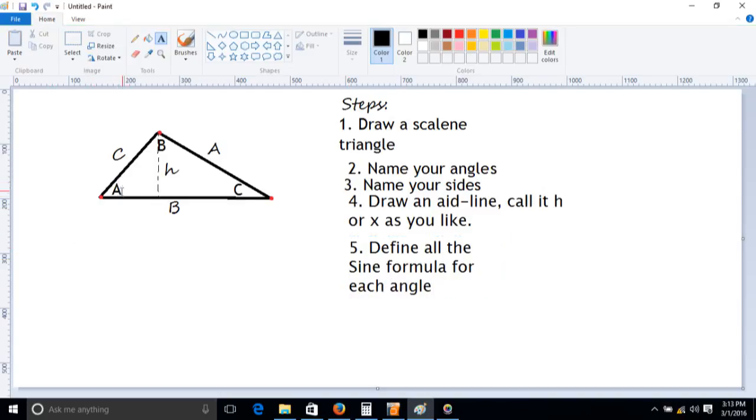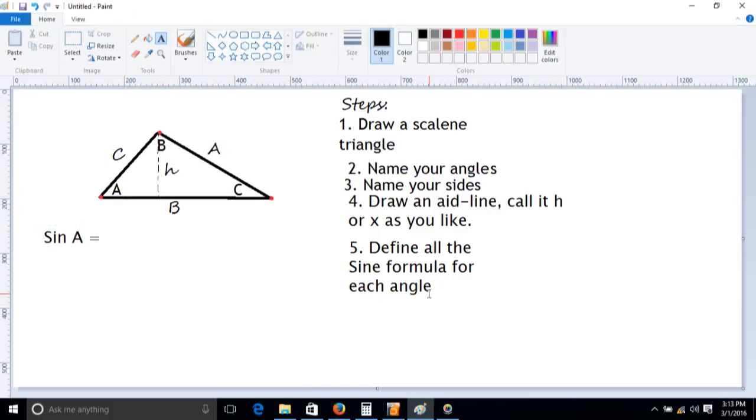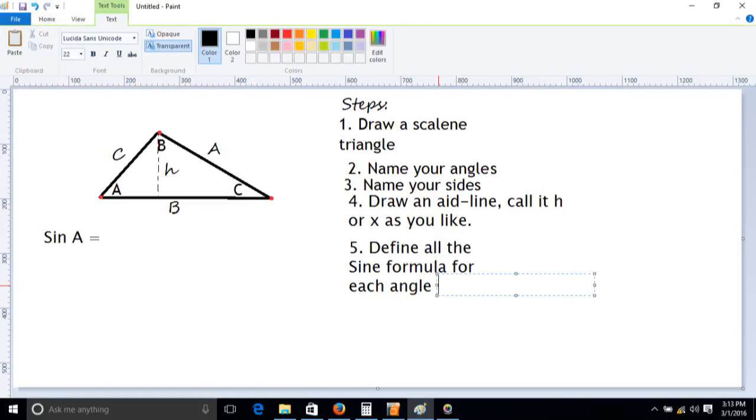Start from angle A: sine A is equal to what? Opposite over hypotenuse, right? So I will make a note: sine is equal to opposite over hypotenuse, right?